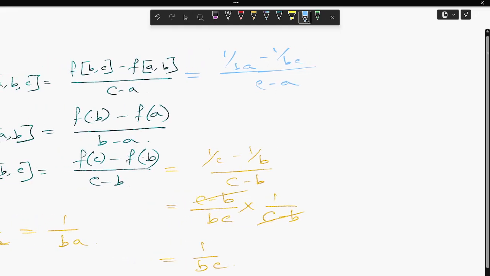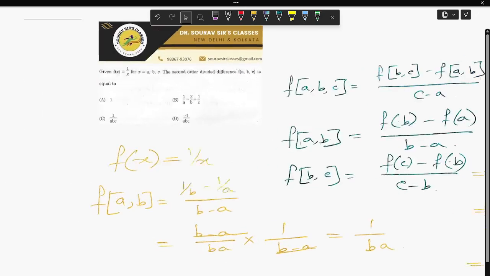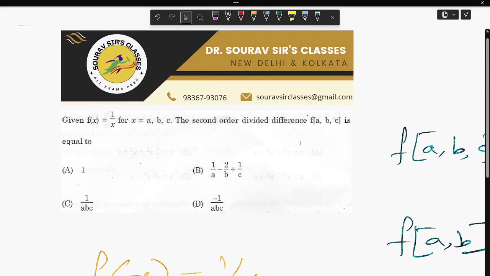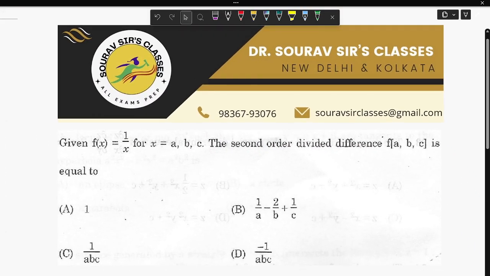We will write this as (a minus c)/(abc)... let me write it as (c minus a)/(bca) into 1/(c minus a). So this and this will cancel out. So our answer will be 1/(bca), and after rearranging it we will get 1/(abc). So this is the correct answer of this question, and our correct answer is option C.